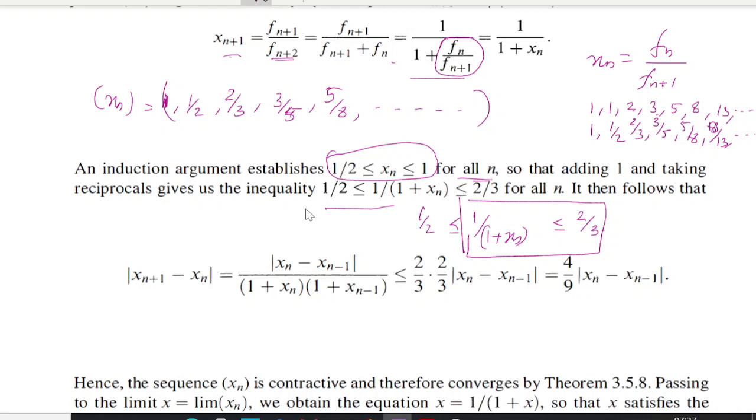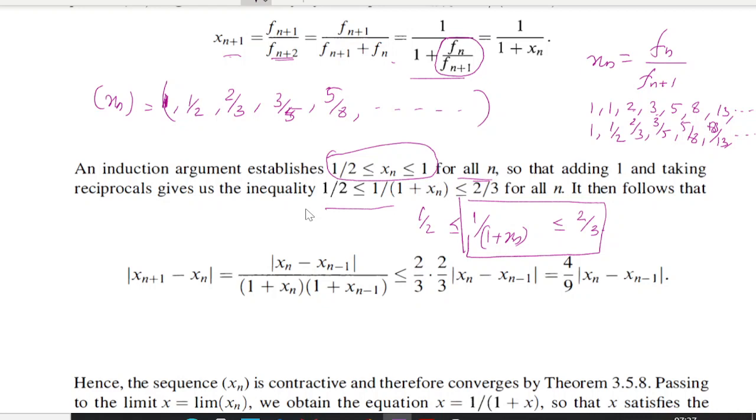Okay, so for that, what you have to do? First, we will consider xn plus 1 minus xn. We want to check whether it will form a Cauchy sequence or not, whether it's a contractive sequence or not, right? So we're taking xn plus 1 minus xn.